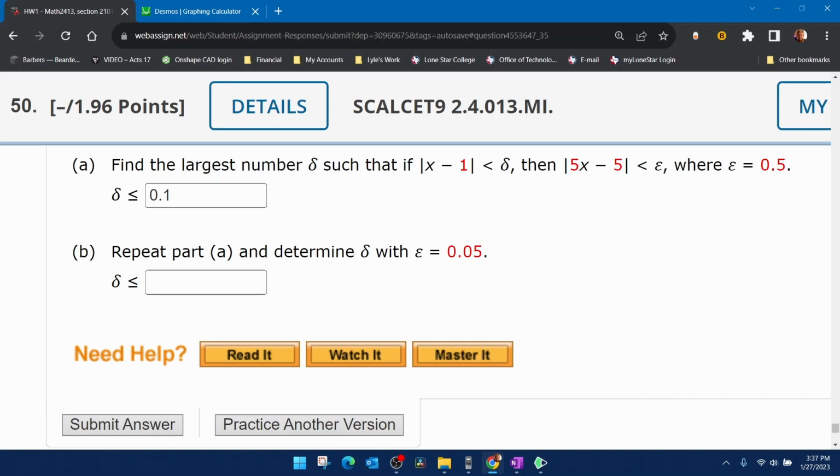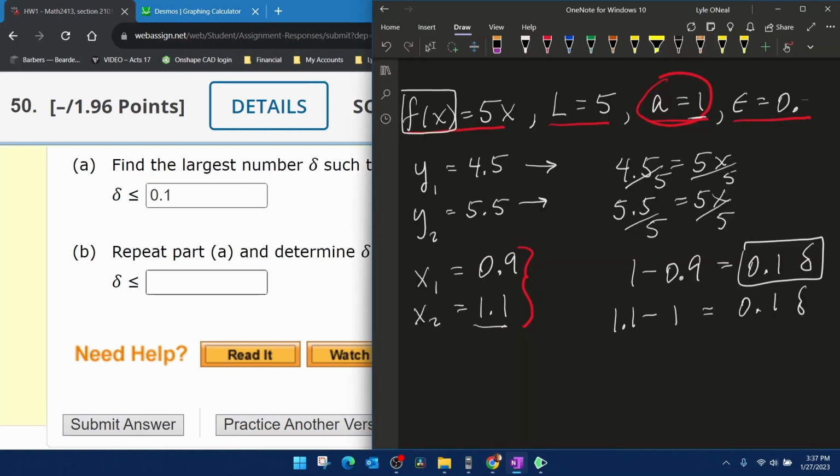To answer the second part of this problem, all of the work is going to be repeated with 0.05 as our epsilon. The only thing that's going to change is that epsilon is now 0.05, which means that our y values are now only 0.05 away from our limit.